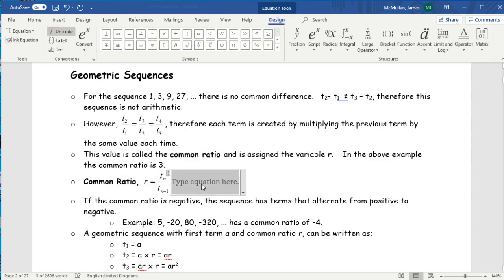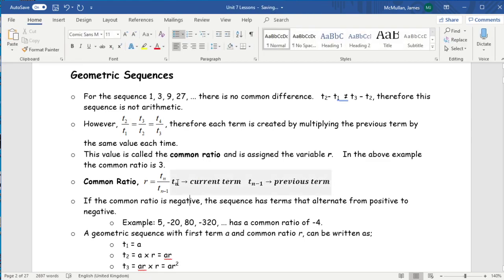Let's unpack the mathematics speak. Tn is the current term, and Tn minus 1 is the previous term. So if n is 7, then you're looking at term 7 divided by term 6.